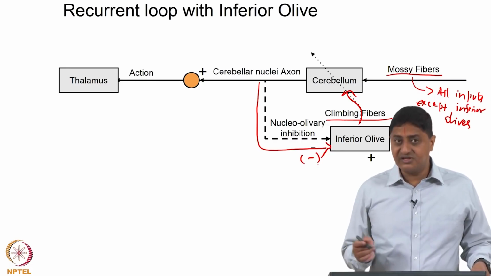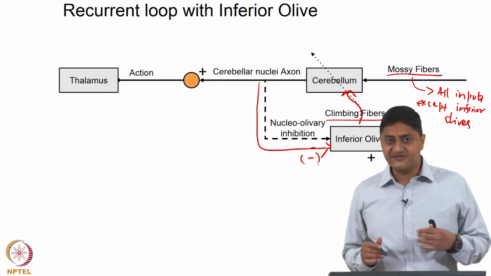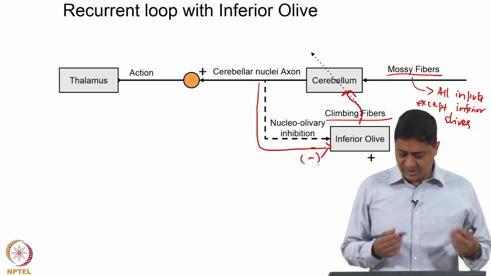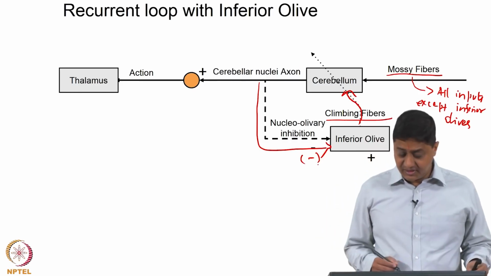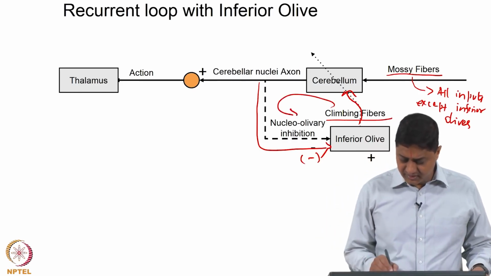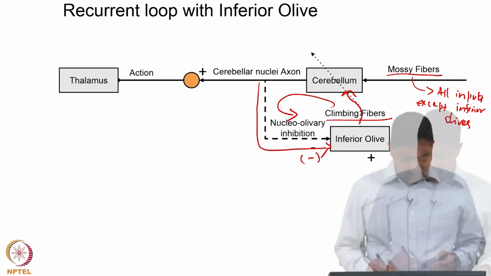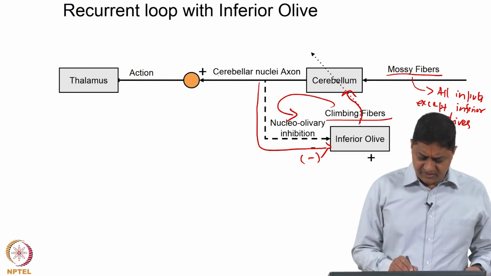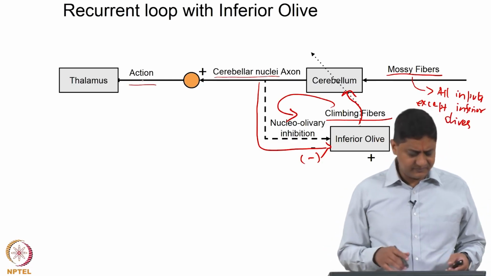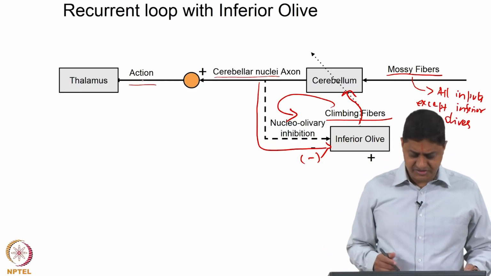Communication within inferior olive between some groups of cells is electrotonic or electrical through gap junctions, right. This we discussed earlier. So this involves another recurrent loop. Of course, then the output goes via the cerebellar nucleus to thalamus, etc., which is not mentioned here.